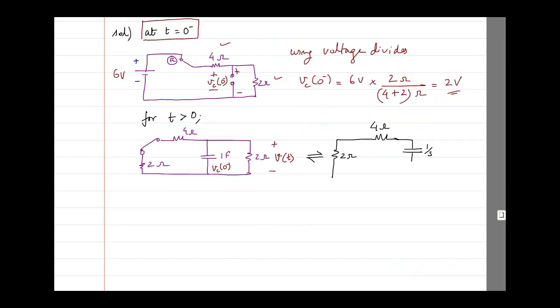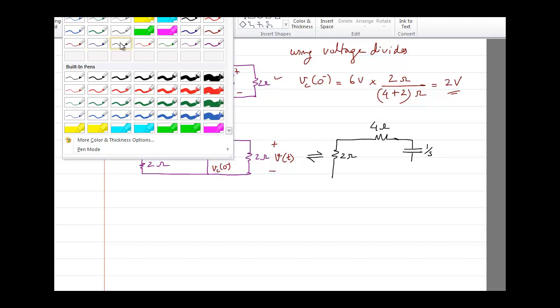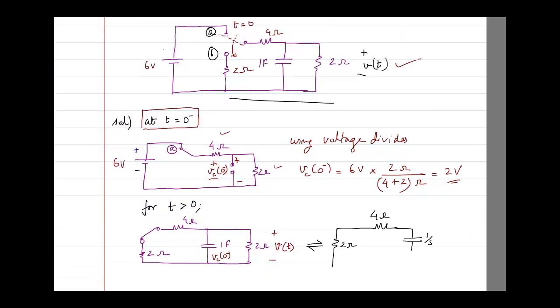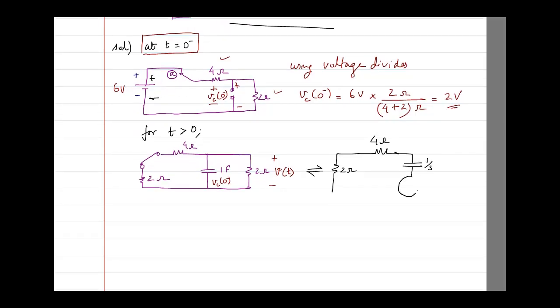So here the polarity with which we had charged is like this. 6 volt is plus here, and this is charged with this plus and this as minus. With that we can say that this is going to have a polarity which is this one plus and this is minus, and V0 by S, where V0 is 2 volt divided by S. So this is the circuit.